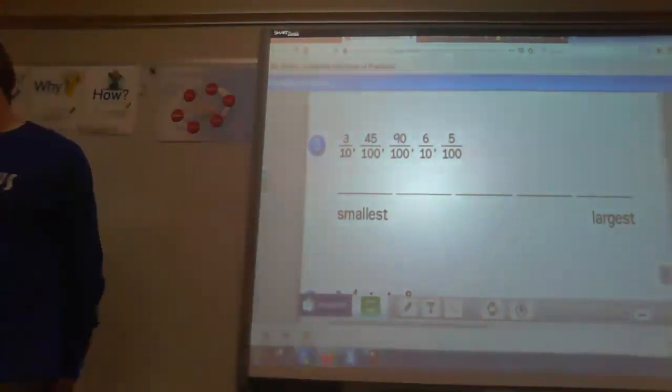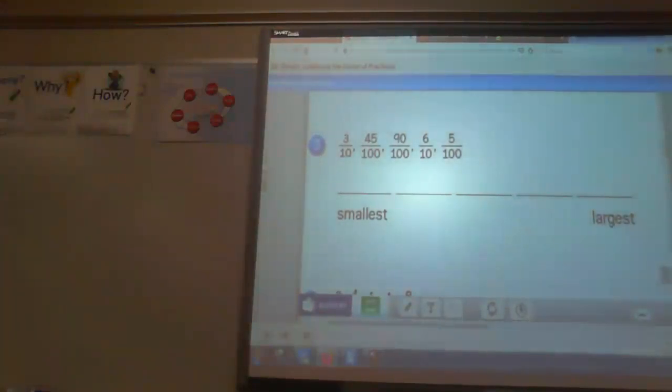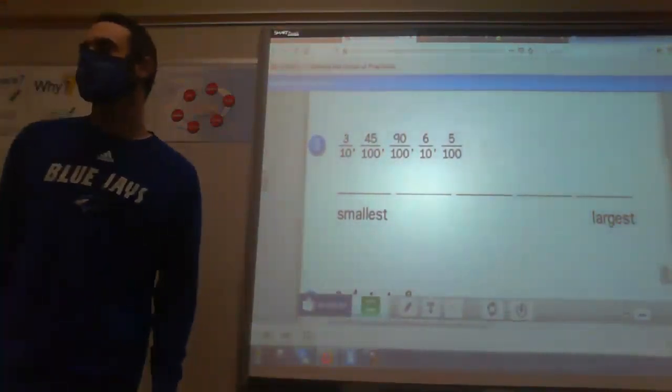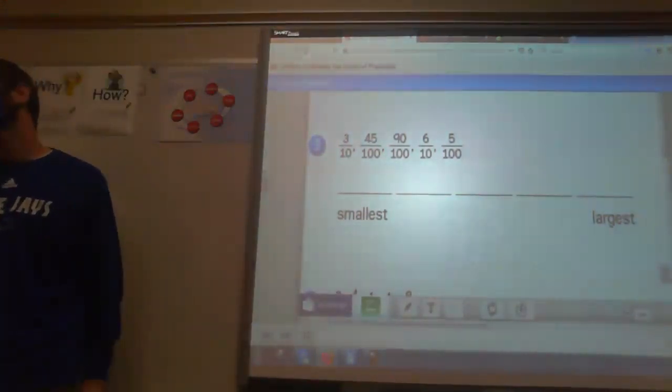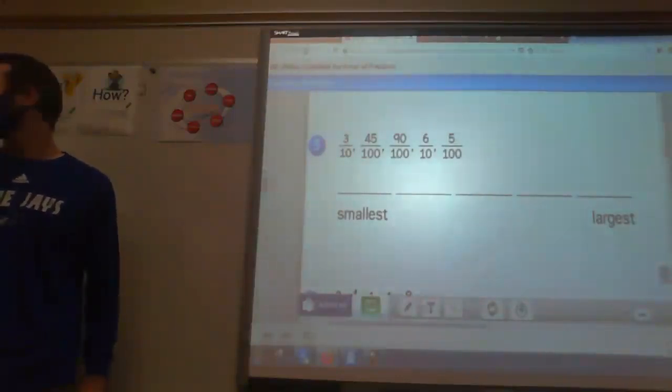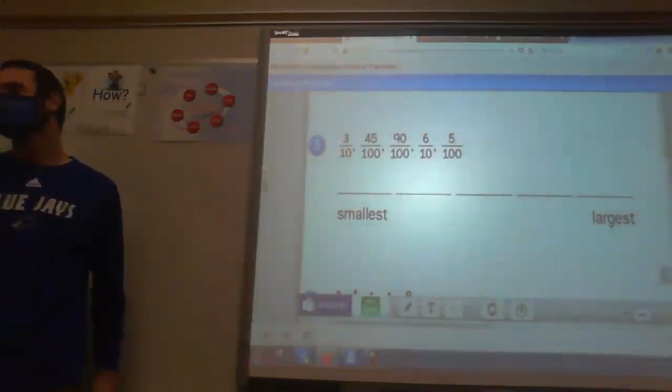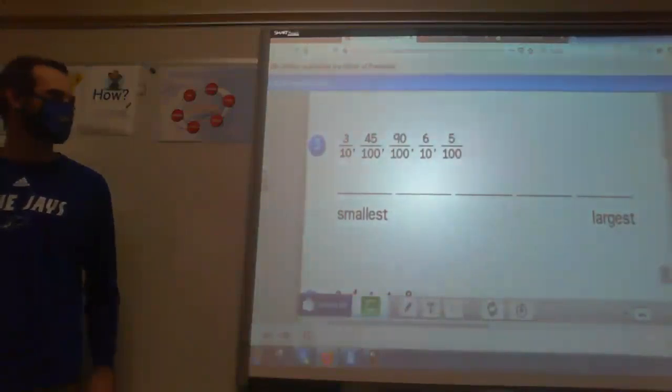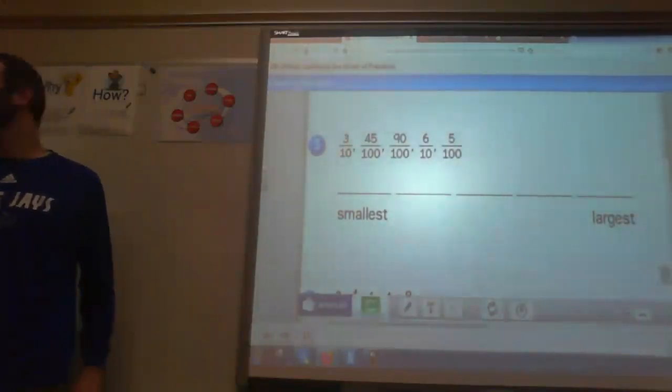We probably have to change. Delia, would you change numerators or denominators? What did you and Rajan talk about? Okay, why do you say numerator?